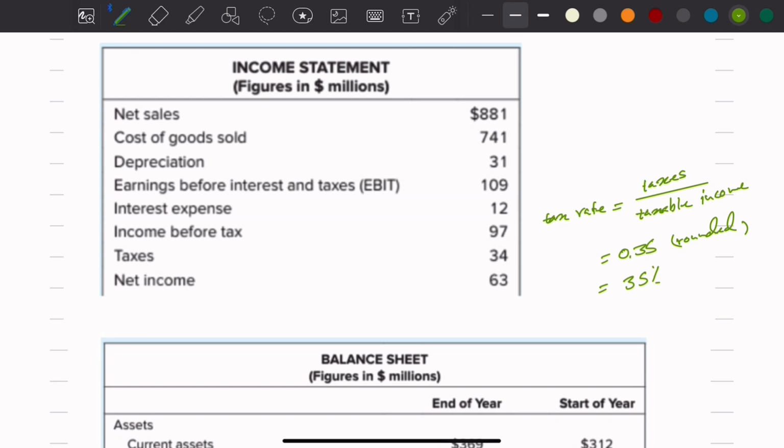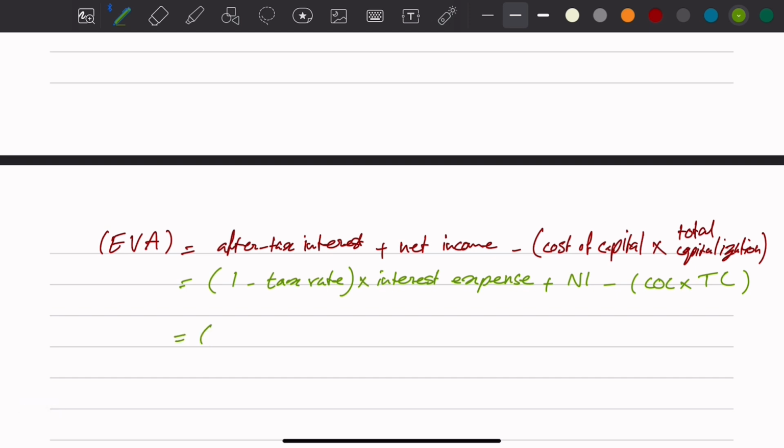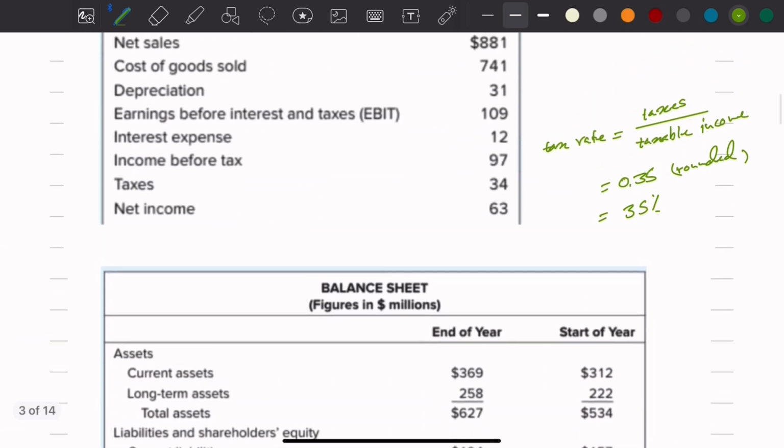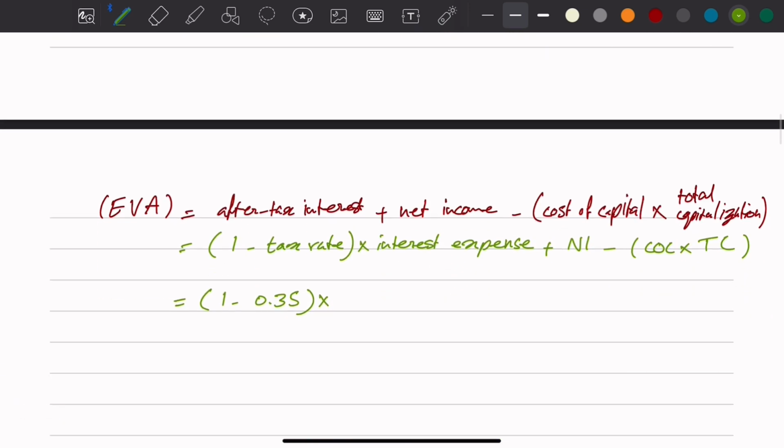I'll go back here and say that equals 1 minus 0.35 multiplied by the interest expense, which was 12. Let me highlight it for you, and we'll highlight the net income as well while we're at it. So 1 minus 0.35 multiplied by the interest expense, which is 12, plus 63. Yes, 63.